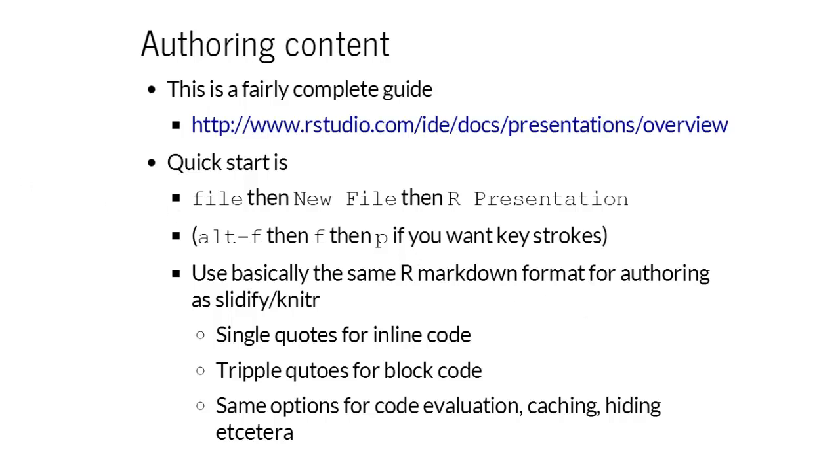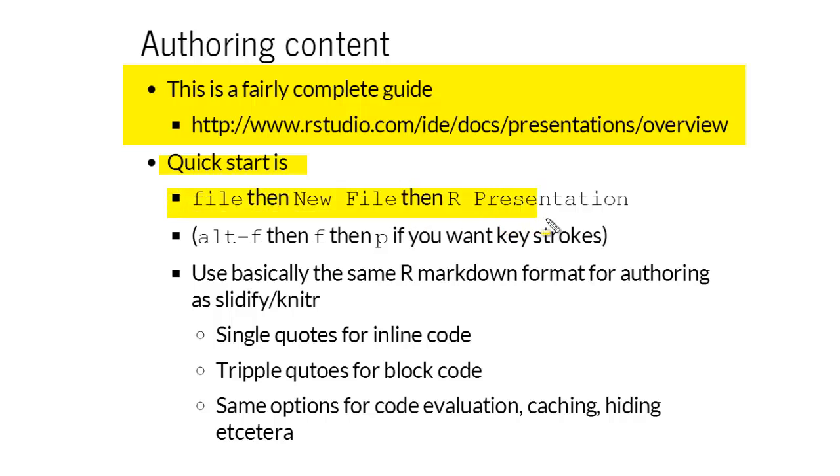The guide that you probably want to follow is at this link right here. Go to that guide, it's very good. Most of this content is just taken from that link, and I created this presentation in RStudio Presenter so you can get a sense of what it looks like. The quick start is just File, then New File, then R Presentation.